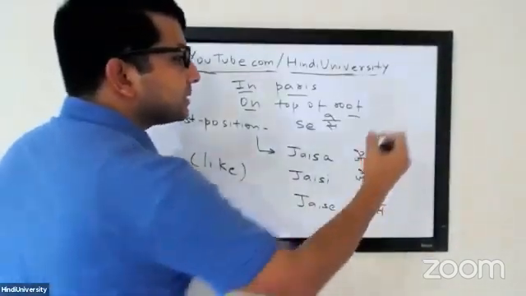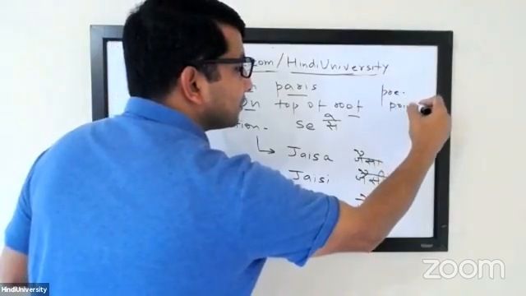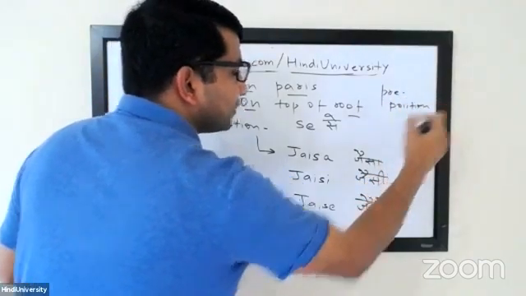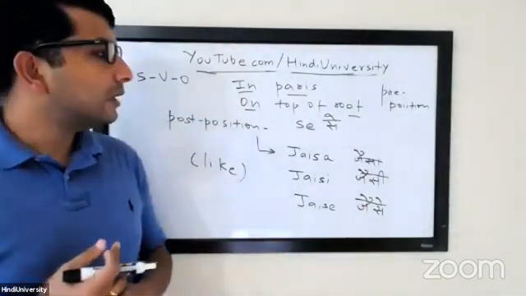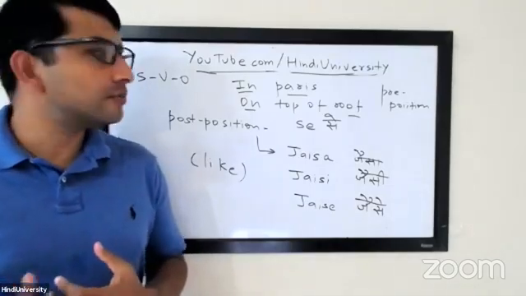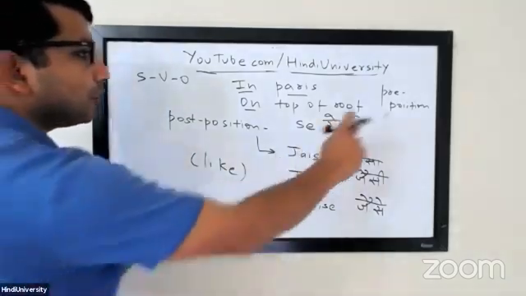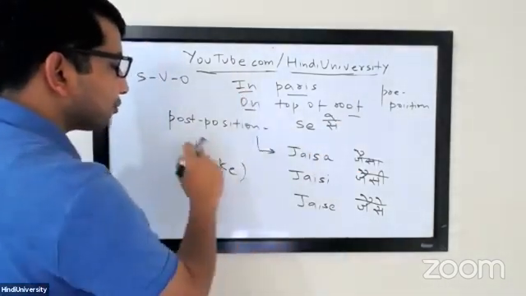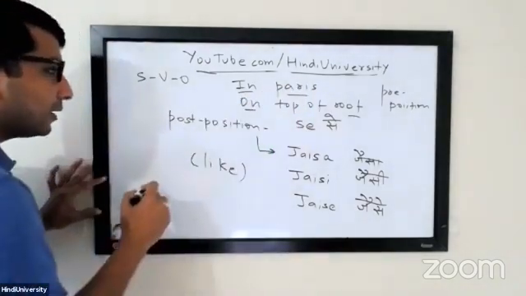These in English are known as prepositions, which basically means grammatical constructs used with a noun or pronoun that show the relationship between them.